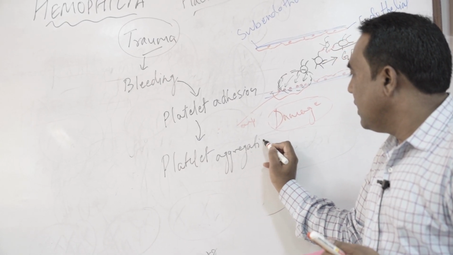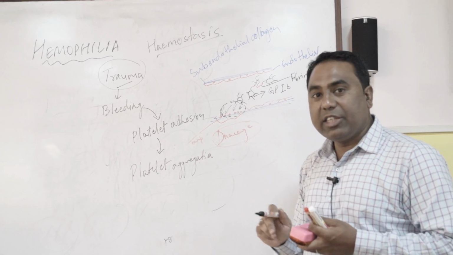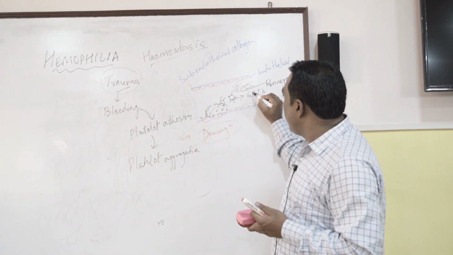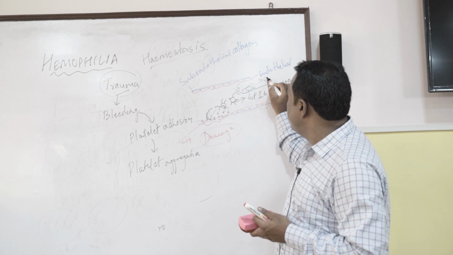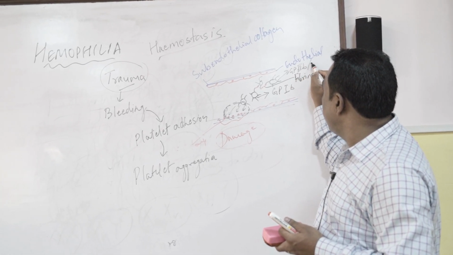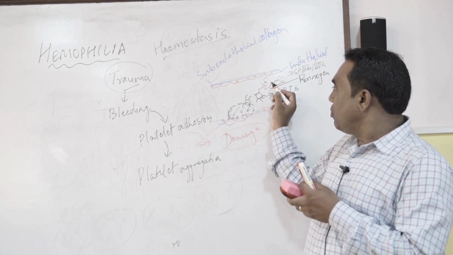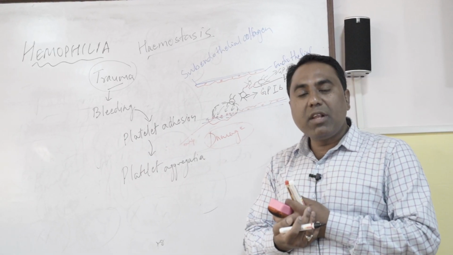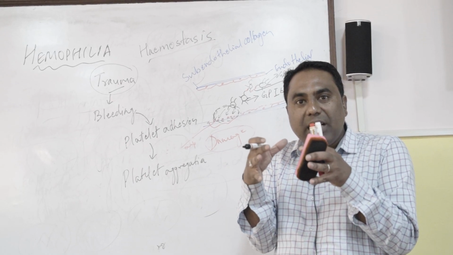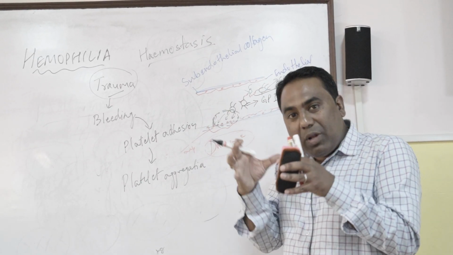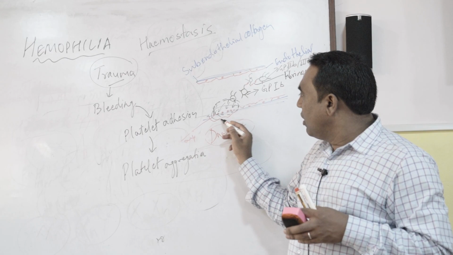Okay, now with this platelet aggregation which is happening, more and more amount of glycoprotein, that is glycoprotein GP2B and 3A, all right, will be exposed on the membrane of these platelets, and more amount of platelets will adhere together, will aggregate together on this particular area.